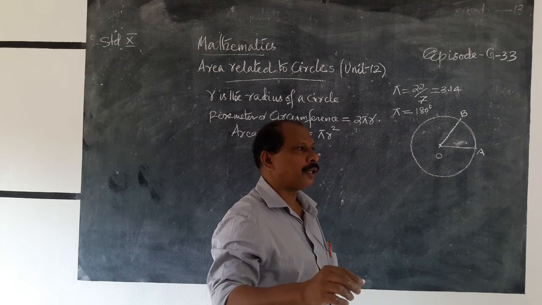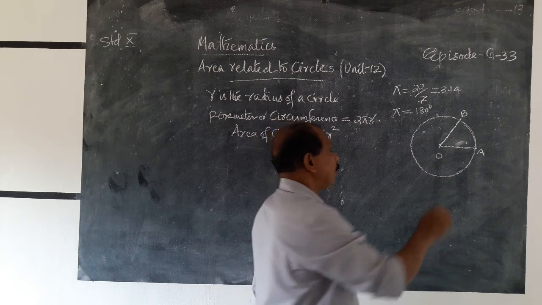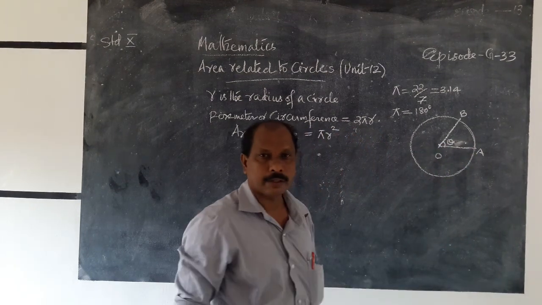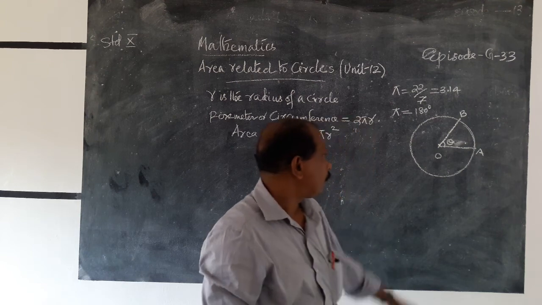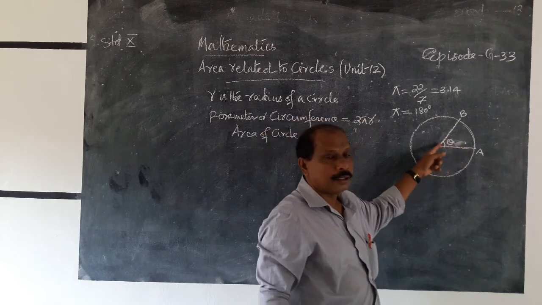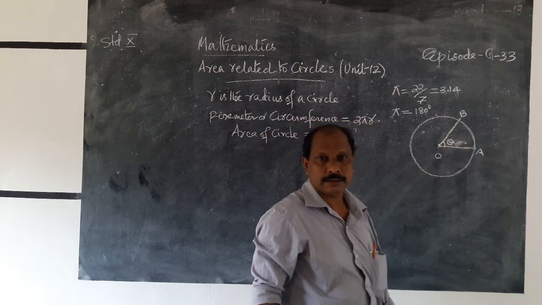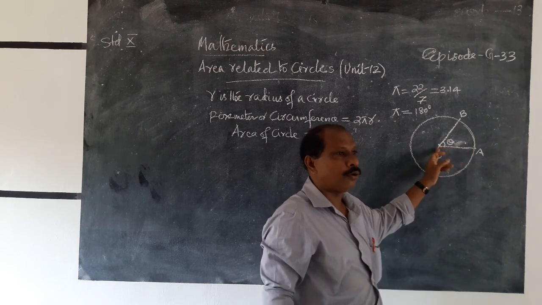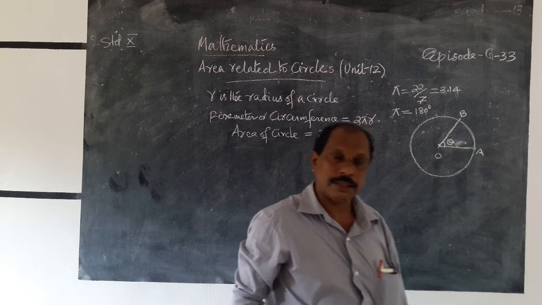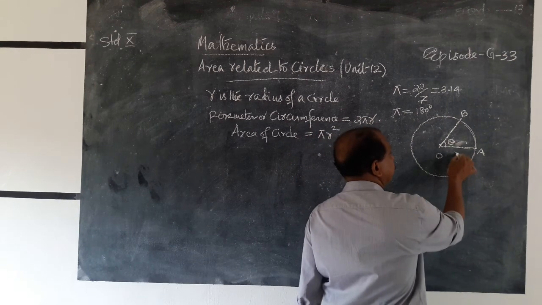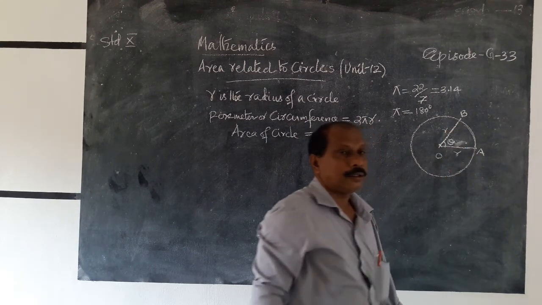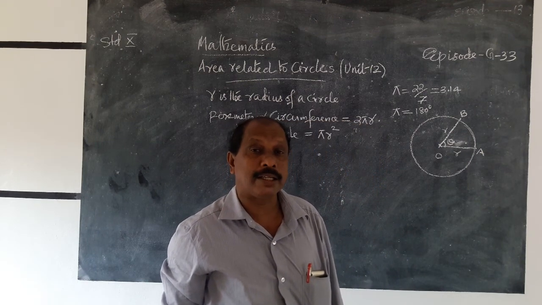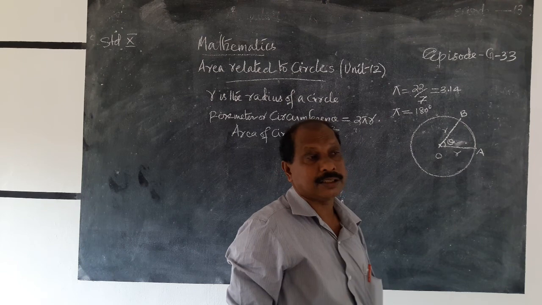These radius segments make an angle theta with one another. Therefore, this part of the circle is known as a sector. That means theta is the angle of a sector of a circle with center O, where OA and OB are the radius segments. This part of the circle is the sector of the circle.